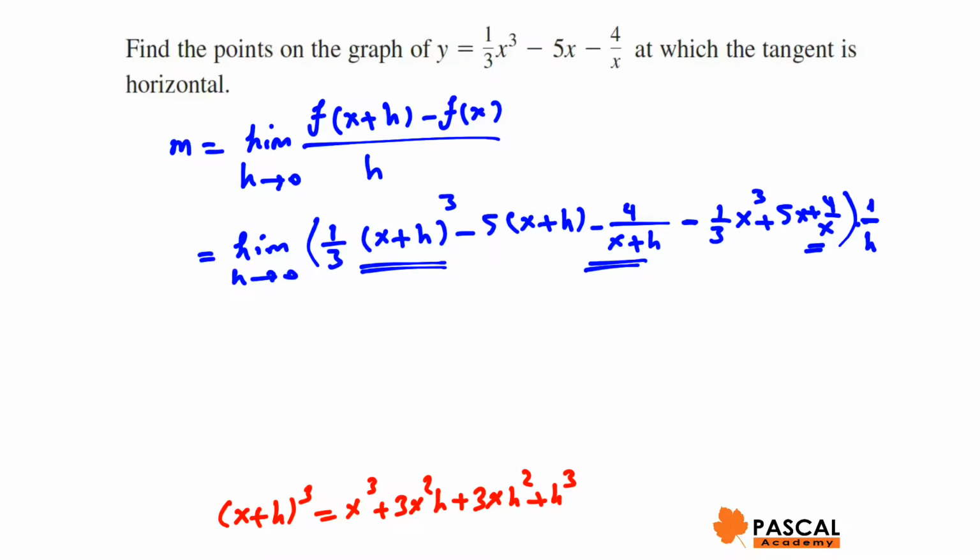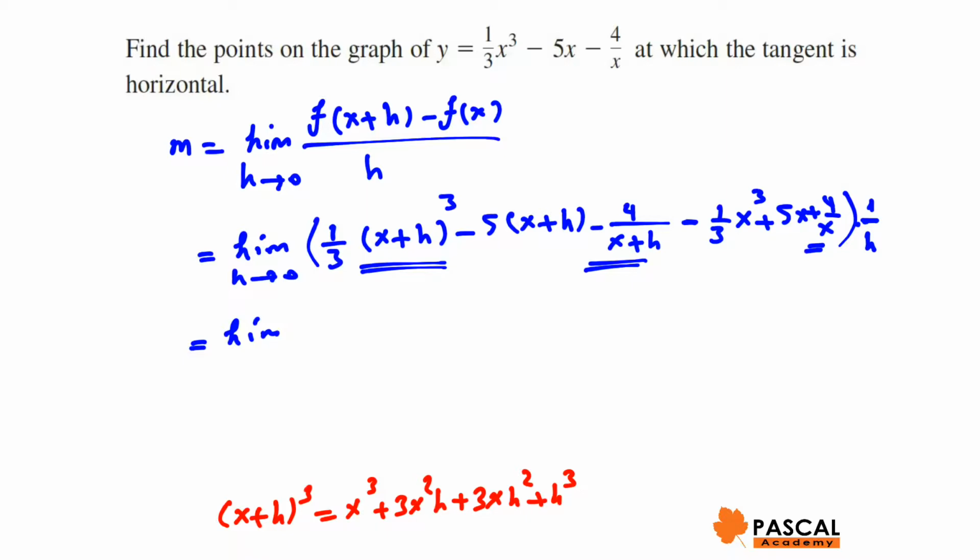To make it easier, we split it into two limits. One of them is the polynomial part of the function, and the other is the fraction part.